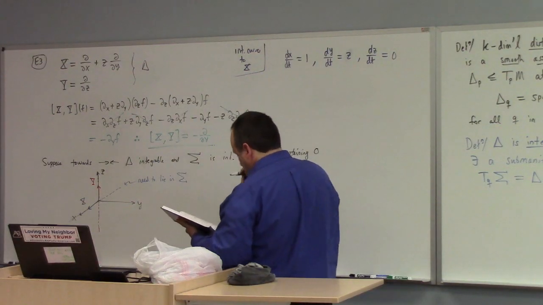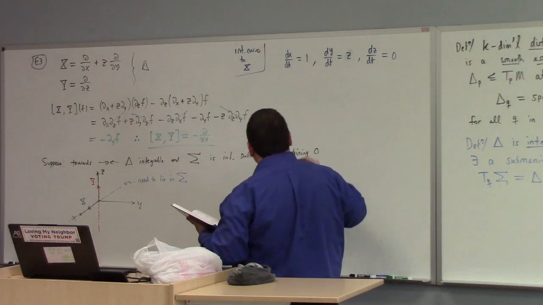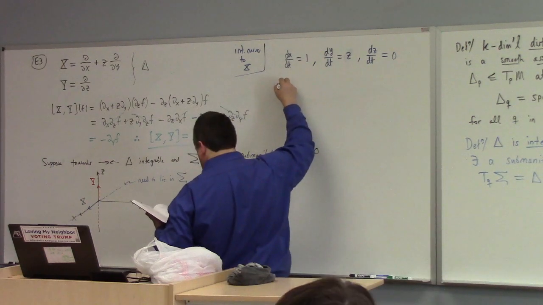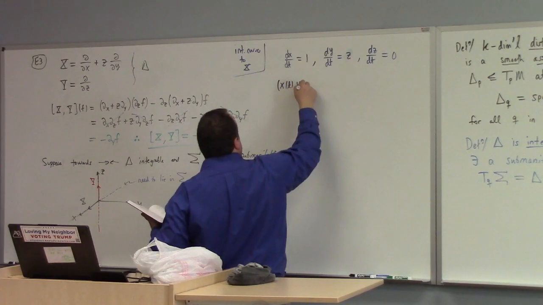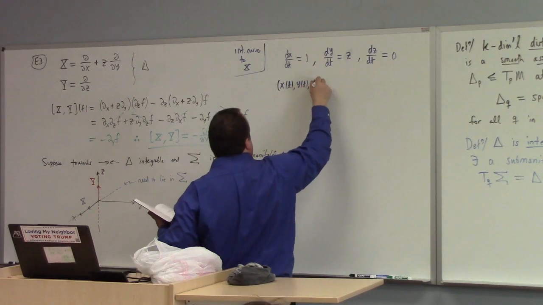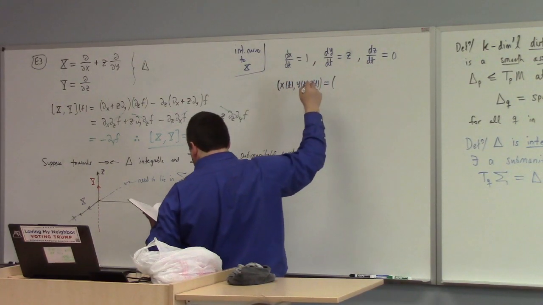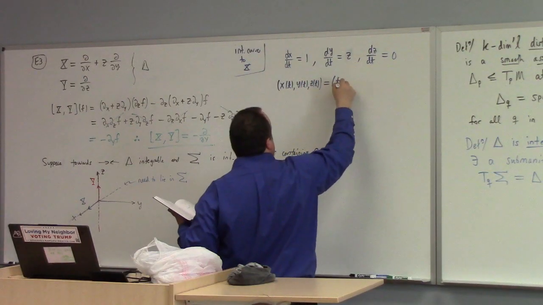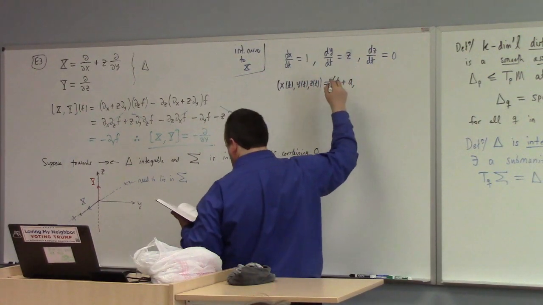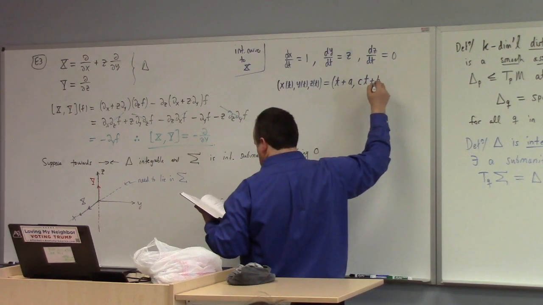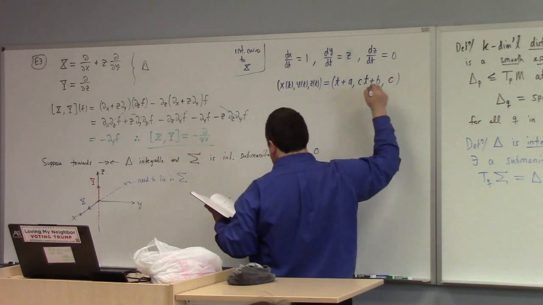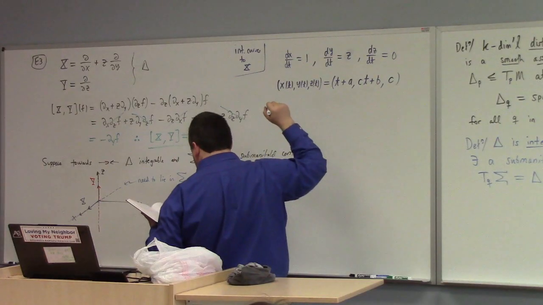And he points out that the solution to this looks like x(t), y(t), z(t) equal to t plus a, ct plus b, and c, for some constants a, b, and c.